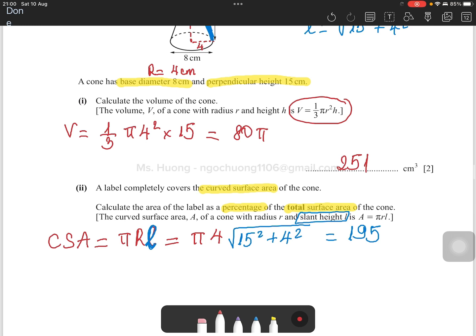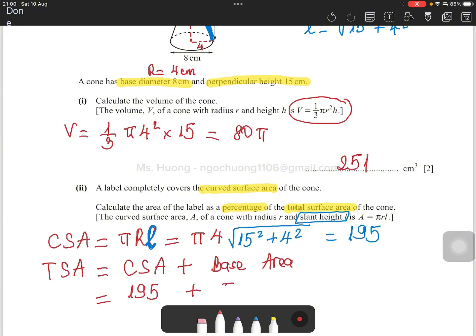Then we also find the total surface area. It is equal to the curved surface area plus the base area. The curved surface area is 195 and the base area is pi r squared, which is pi 4 squared.